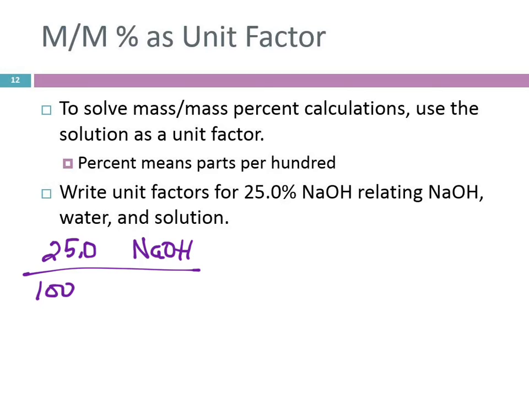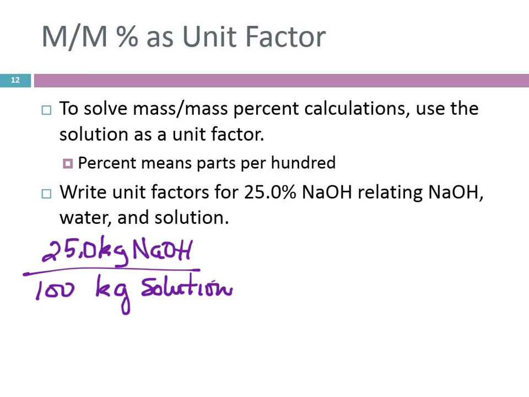This is a mass percent, so we need to use mass units. But you can use any mass unit as long as you use the same one on the top as you do on the bottom. So we could use grams. 25 grams of sodium hydroxide per 100 grams of solution. Or we could use kilograms. 25 kilograms per 100 kilograms of solution.